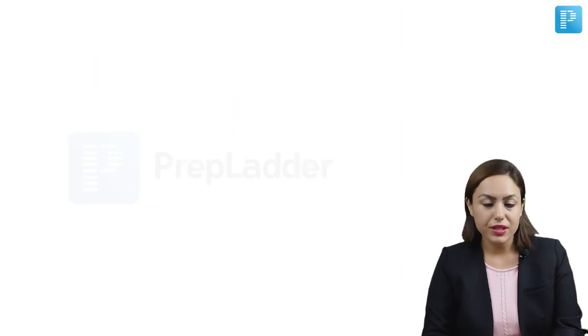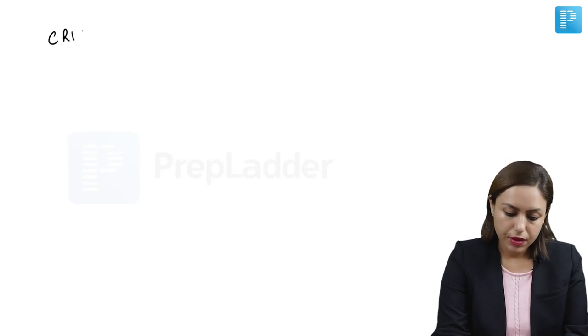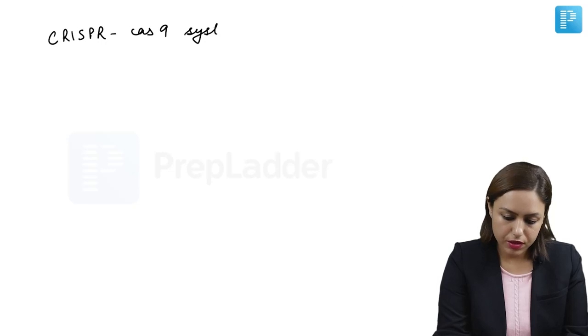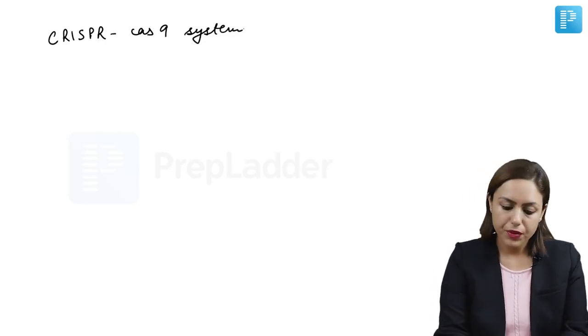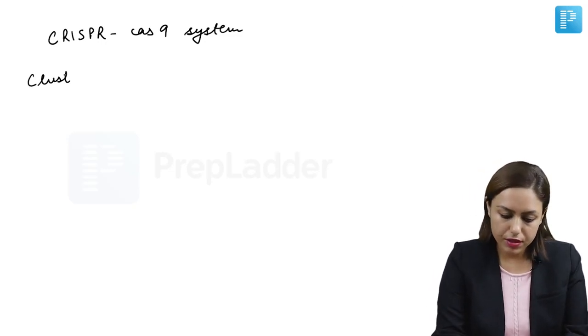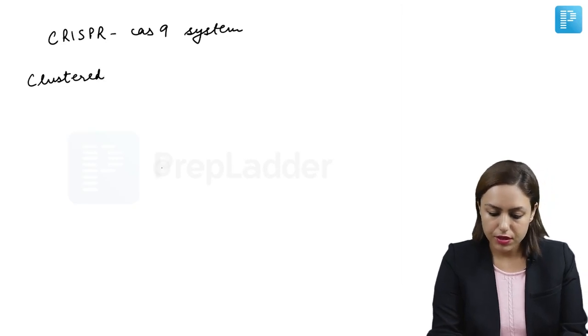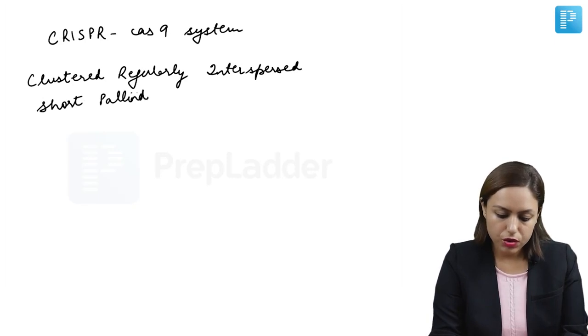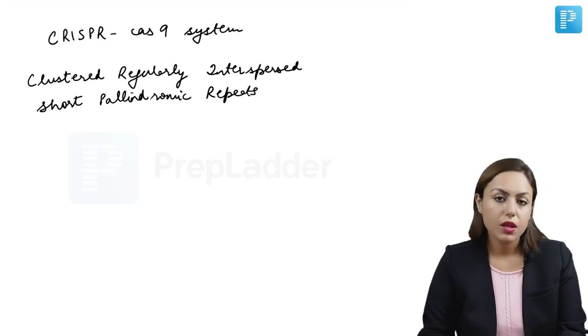Then our next topic is CRISPR. CRISPR-Cas9 system. What is the full form of CRISPR? CRISPR is clustered, regularly interspersed short palindromic repeats, right?